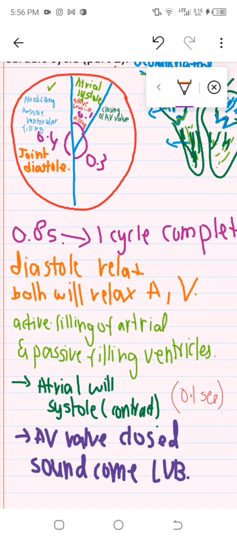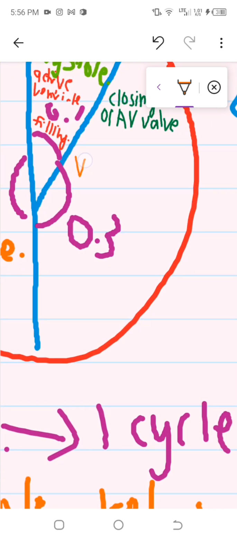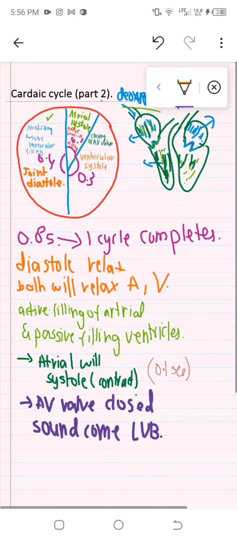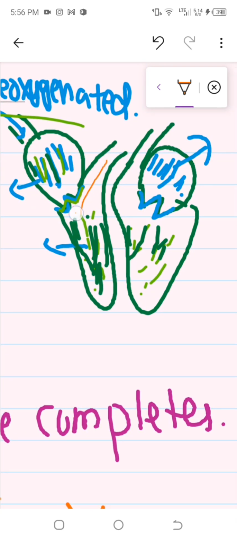After closing of the AV valve, the ventricular systole will take place. This means the blood will move out from the left ventricle to the body, or out of the heart, and from the right ventricle it will move to the lungs.